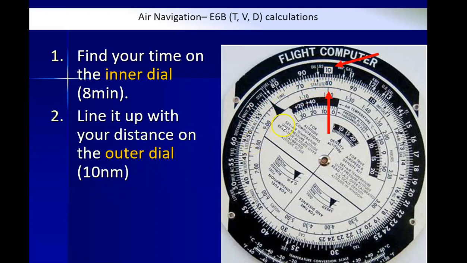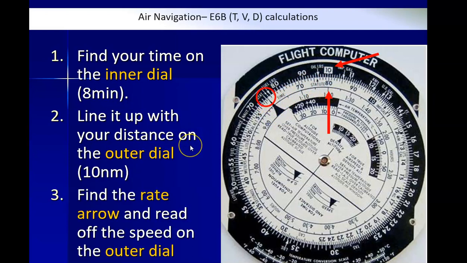Well, if I match those two, then I'd just go over and read the reference here, and it's 75 knots, or 76 knots, maybe one more than 75. So if I was going, say, 150 nautical miles in 12 minutes, I would still be going 75 or 76 knots.